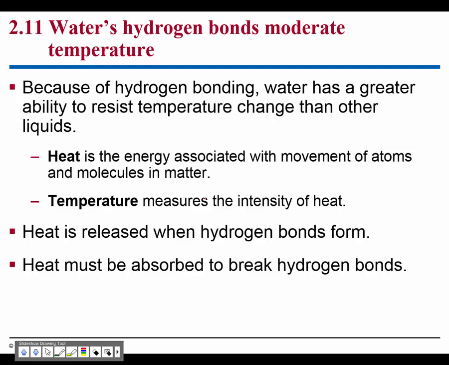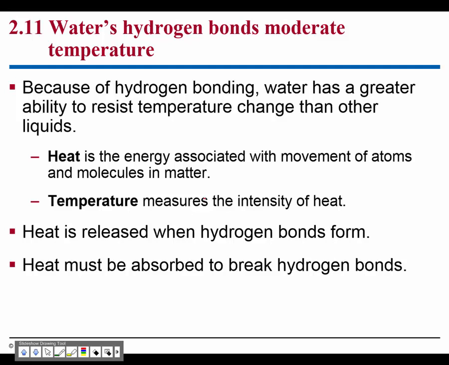But it's not necessarily the temperature, but the heat, the energy that's involved, that can create melting of metal when we're dealing with large scales and different things like that. So heat is the energy associated with movement of atoms and molecules.